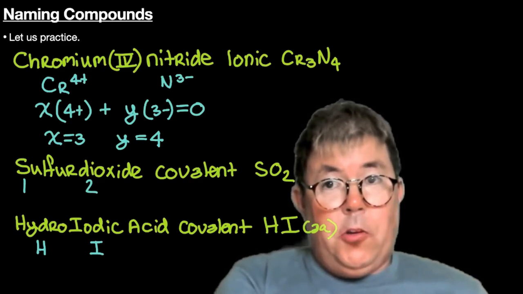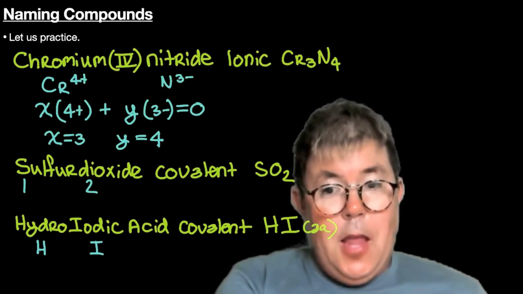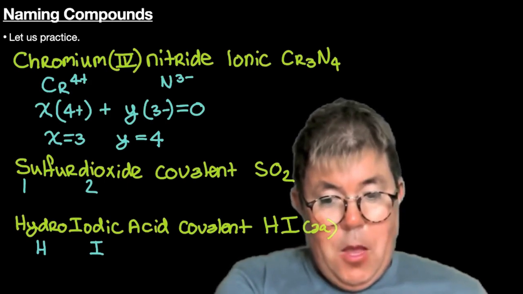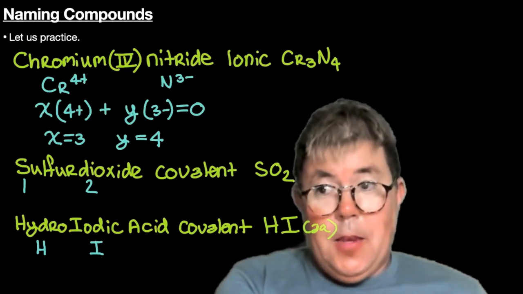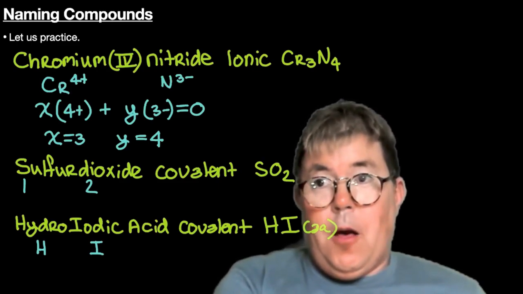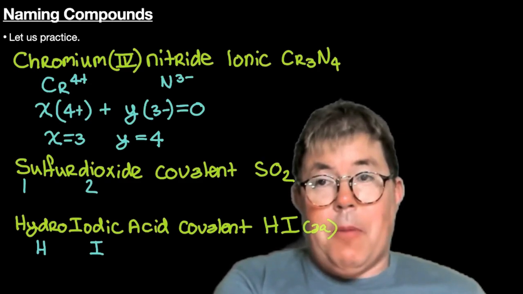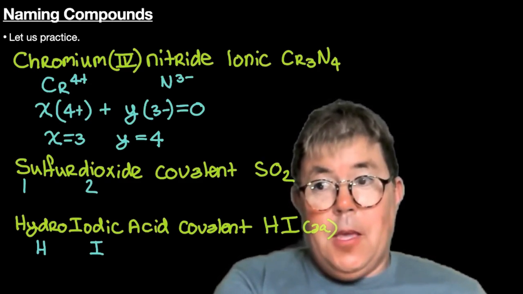In the last 2 tables, you will only be providing the name or the formula. Remember, if the name or the formula is of only a polyatomic ion, we have to give the charges.